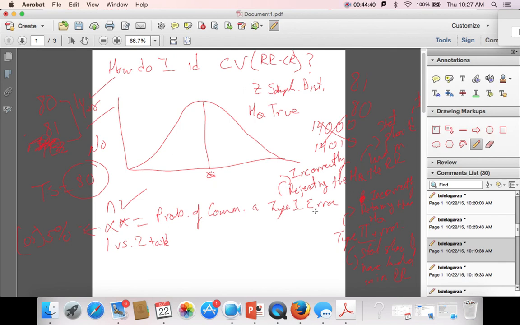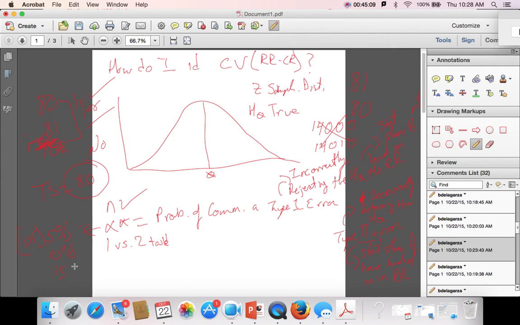Why do we give you a margin of error? Because we realize that there may be some possibility that you may incorrectly reject the null hypothesis, but we want to keep that to a minimum. So having something like 10%, a higher probability of committing a type 1 error, in other words a higher probability of me incorrectly rejecting the null hypothesis, that's a bad thing. 15%, that's worse. 20%, that's worse.